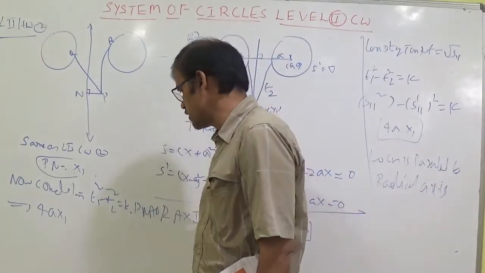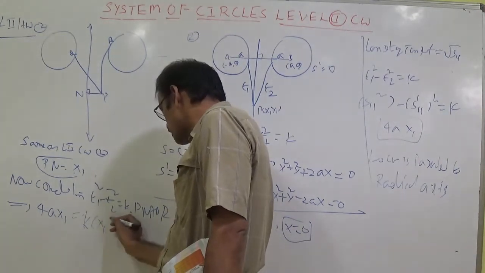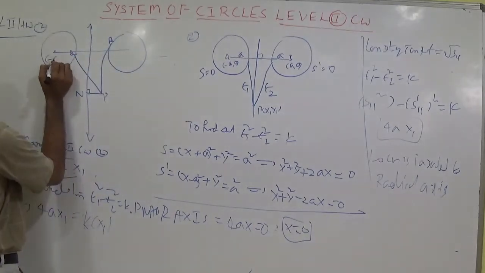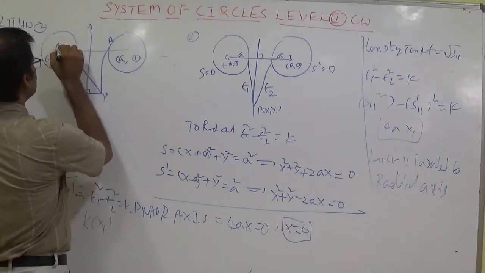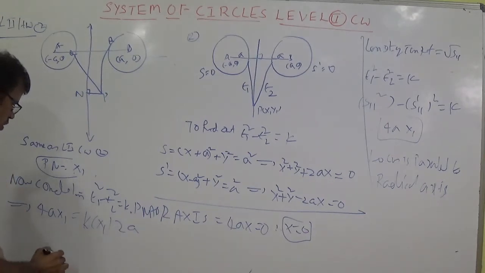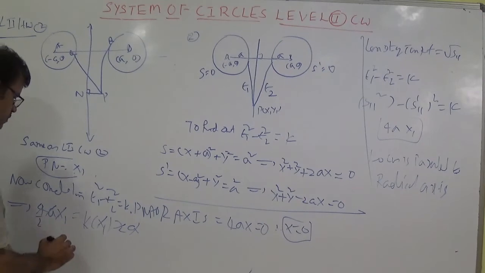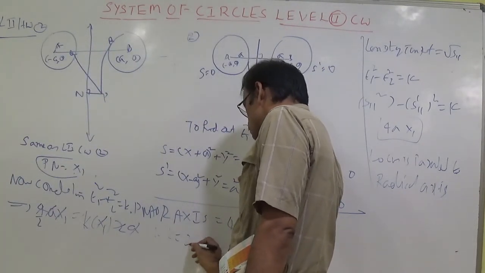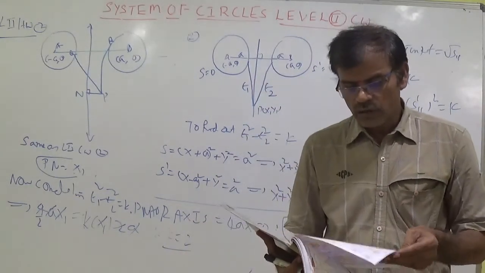It becomes 4a x1 = k · Pn, and Pn is x1. If you take one center as (-a, 0) and the other as (a, 0), the distance between the two centers is 2a. So k x1 · 2a. x1 and x1 get cancelled, a gets cancelled, 2 divides 4 two times. Therefore k = 2. This is the concept.